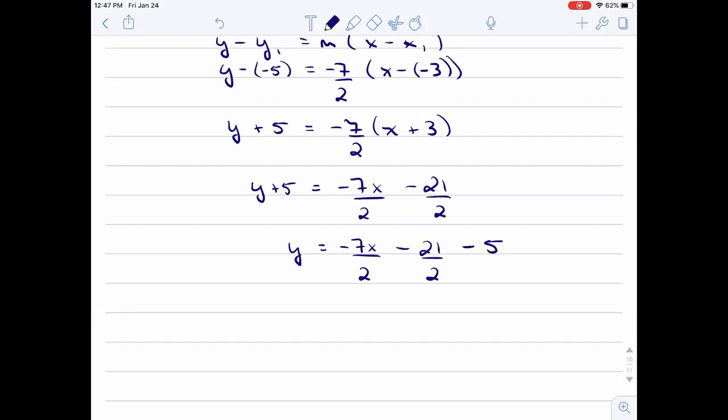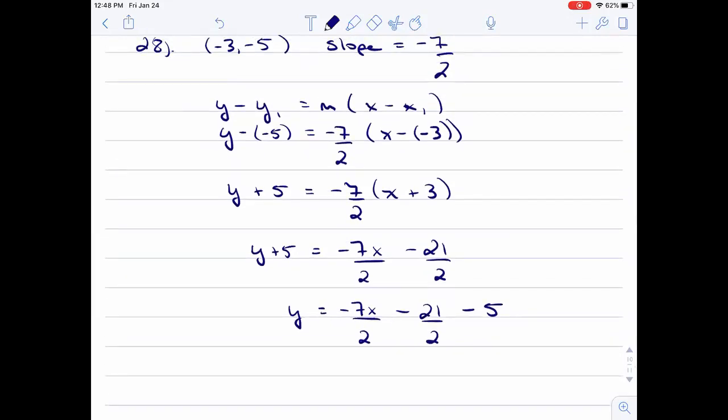In order to combine the -21 over 2 and the minus 5, I have to get a common denominator. Subtract 5. Oh yeah, but multiply by 2 over 2. What was your question?